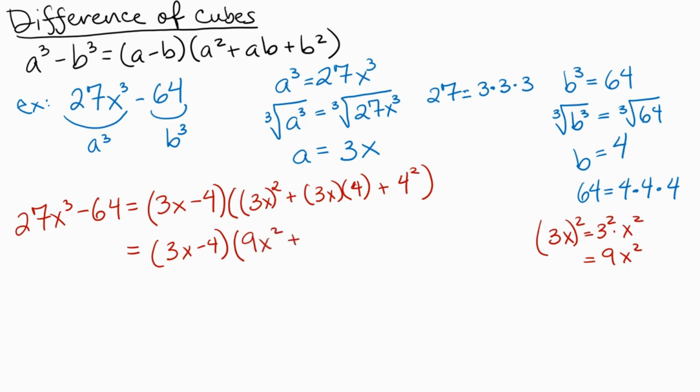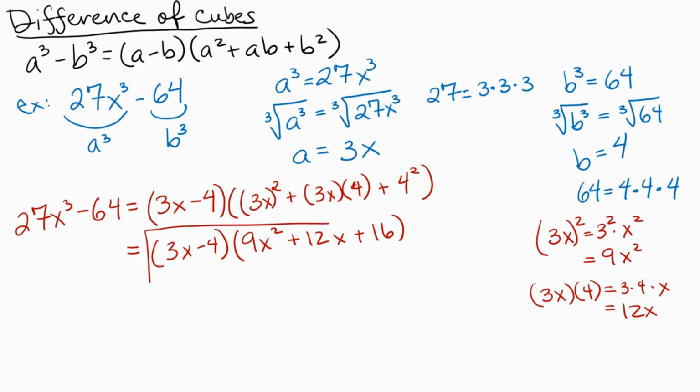Plus, we have 3x times 4, so it's going to be 3 times 4 times x, so that's going to be 12x. And 4 squared is 16. So that is going to be our final answer for our factoring for this problem. Nice work!